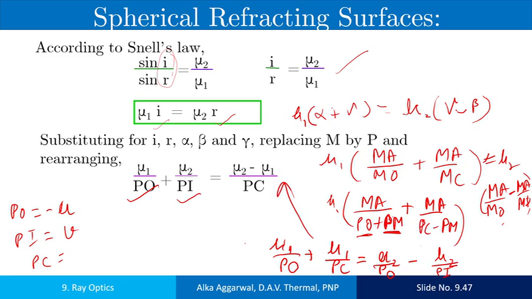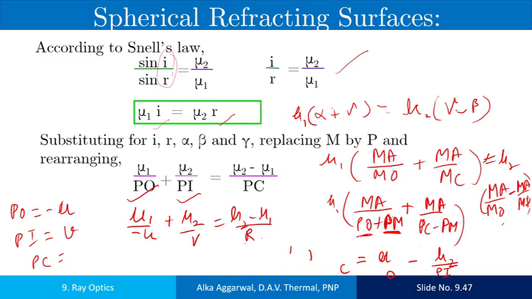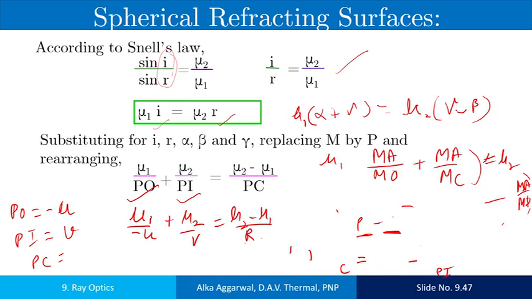Now put the values of U, V and R. It becomes mu1 upon minus U plus mu2 upon V equals mu2 minus mu1 upon R. Whatever the surface, whatever the case, you always get the same result.